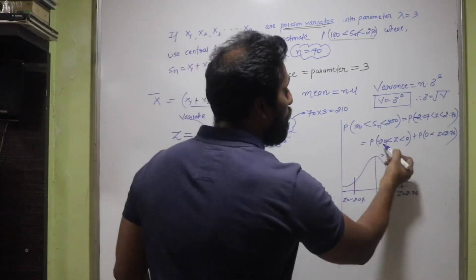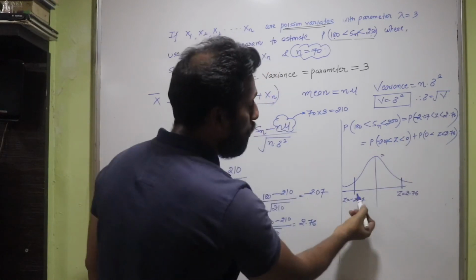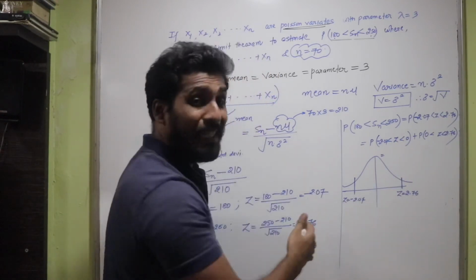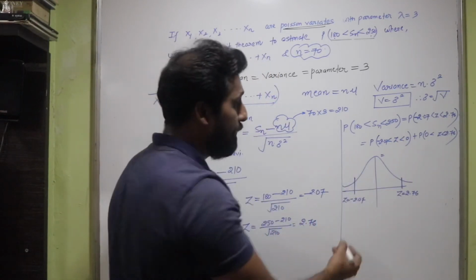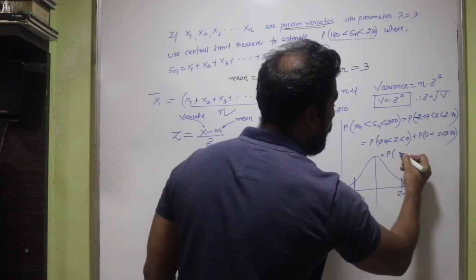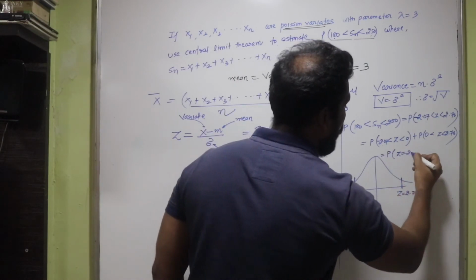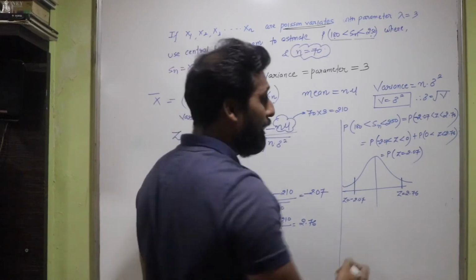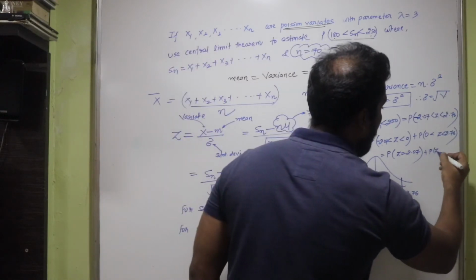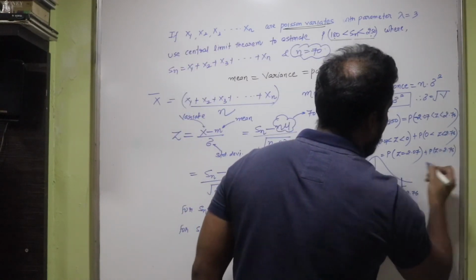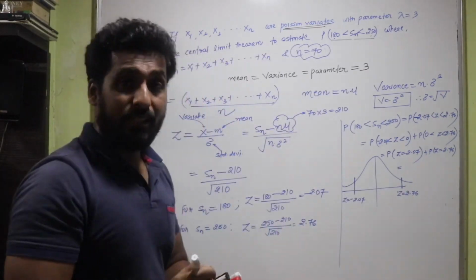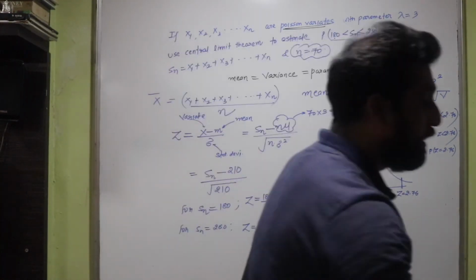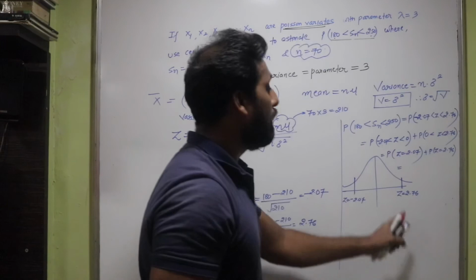So minus 2.07 to 0 is the same as 0 to 2.07. So this basically becomes probability of Z from 0 to 2.07, and the other value becomes probability of Z from 0 to 2.76. Now let's make use of the standard normal curve table, and we will get the area under the curve.